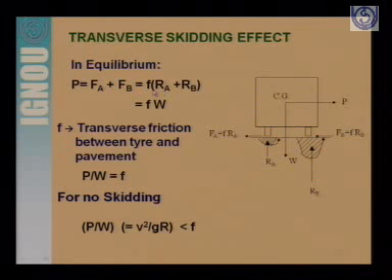For the equilibrium condition, the skidding force and the counteracting transverse friction force have to be balanced, so P is equal to the sum of the two transverse friction forces. Means P should be equal to FA plus FB, which can be written as P equal to F into (RA plus RB).